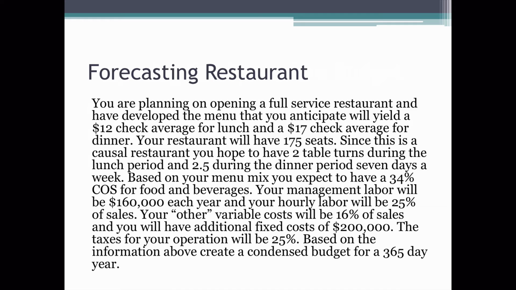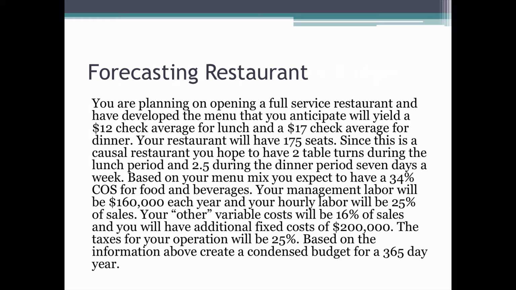And our management labor is $160,000, which is a fixed cost. And our hourly labor is projected to be 25%, another variable cost. And then we have other variable costs of 16%, and that's going to be things like linens and cleaning supplies and such. And then we have another fixed cost of $200,000, which is probably our rent. And our taxes are 25%.